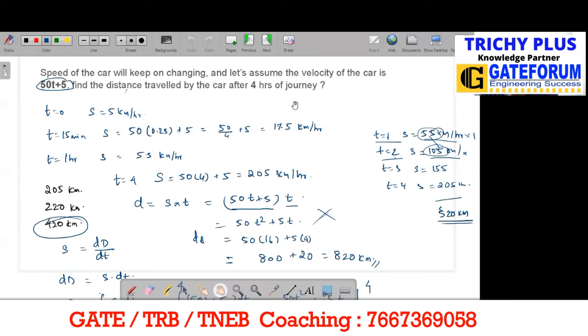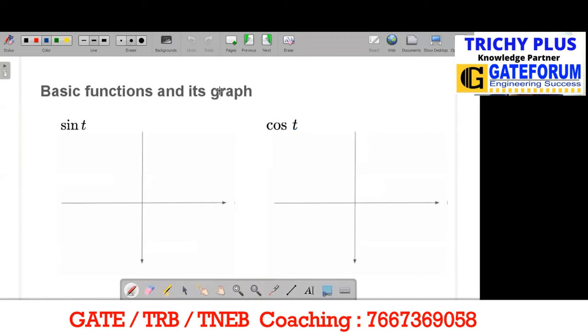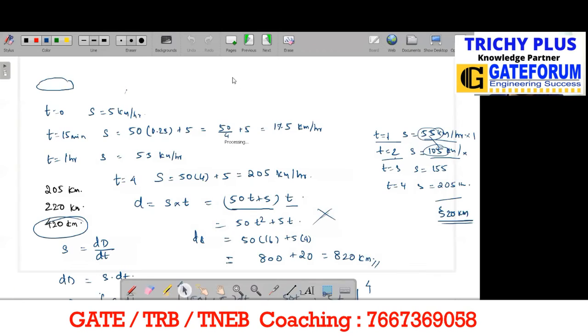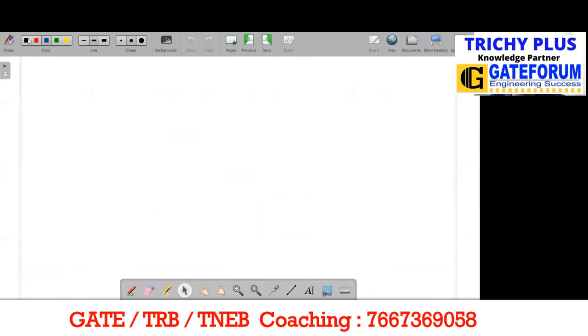So this is just a small introduction. Now we will get into the actual syllabus. So as per GATE, if you take the syllabus of GATE, we'll be seeing calculus as one division.